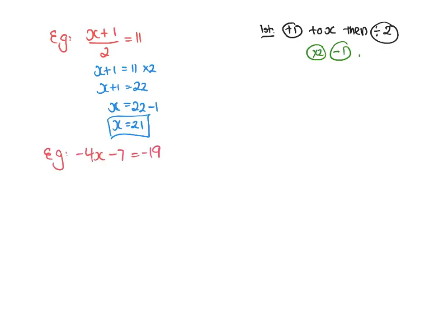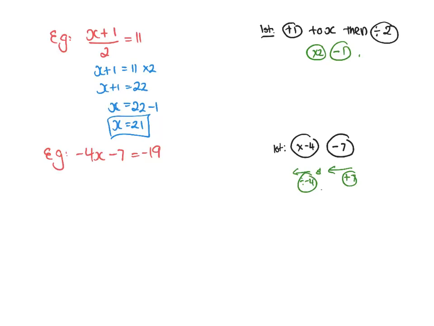Okay, if we have a look, the first thing that happened to x was that it was multiplied by -4, and then we subtracted 7 from it. So if we're going back in the reverse way, first we will add 7, and then we will divide by -4.